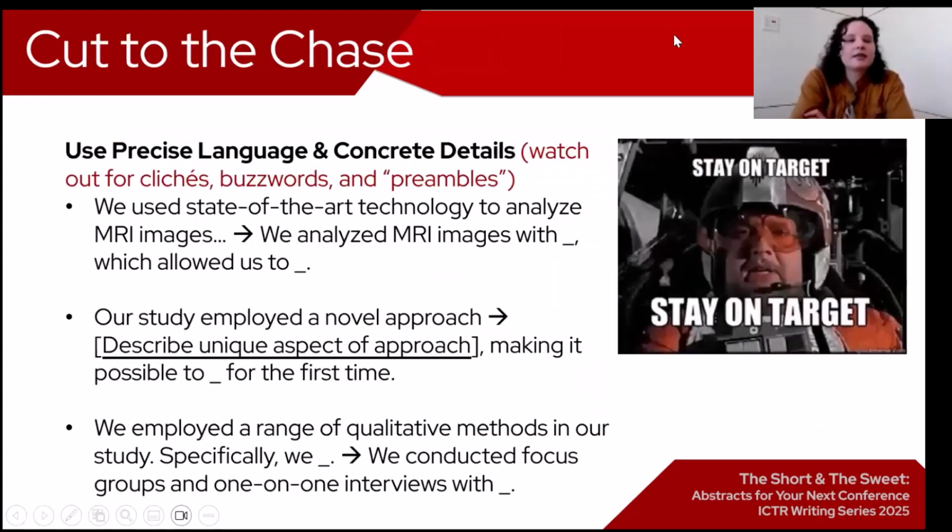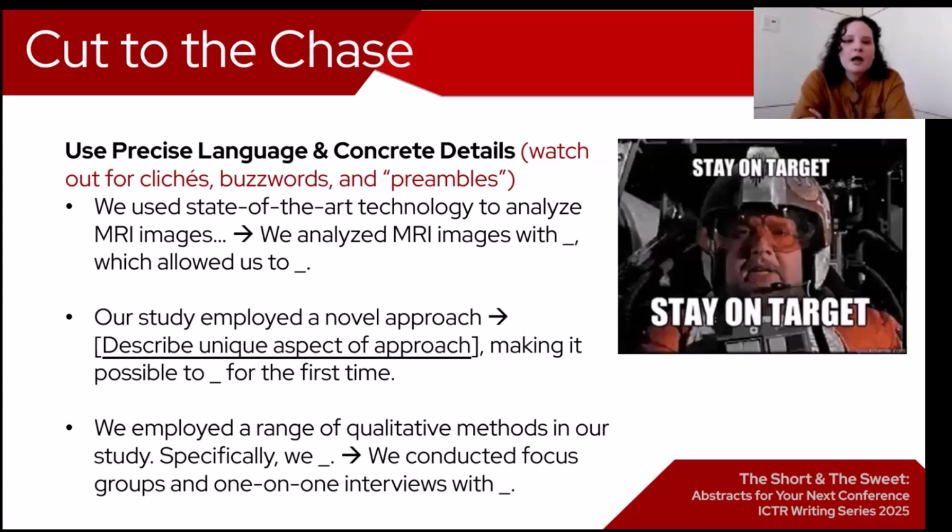Okay, and continuing on with being concise, we've got, finally, using precise language and concrete details. And the details is where you do actually want to spend more time, right? The point of being concise in other areas is so that you have maximized the room to talk about the specifics of your presentation, whether that's a research project, quality improvement project, or some other sort of presentation.